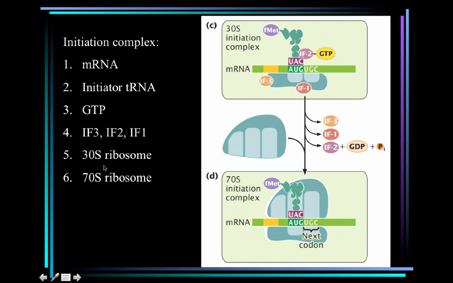So don't get too confused, because over here we've got listed the small subunit as 30S and the large one is 70S. It goes back and forth between 50 and 70, but the larger ribosome, depending on what species we're talking about, is always going to be much larger than the smaller ribosome. All right, so the initiation complex is now in place, and in the next segment we'll move into elongation and termination.